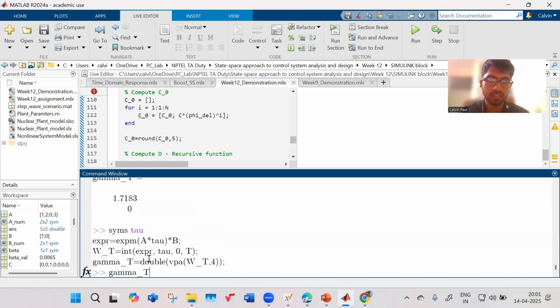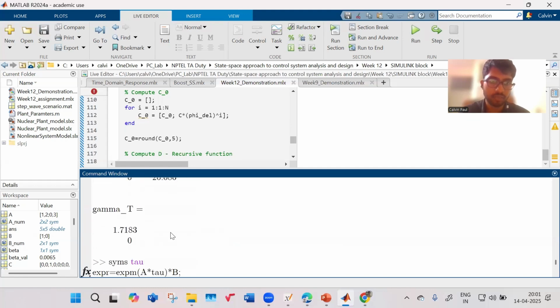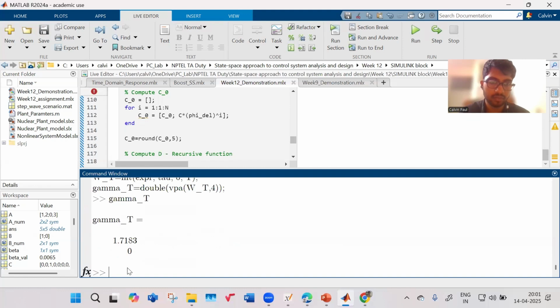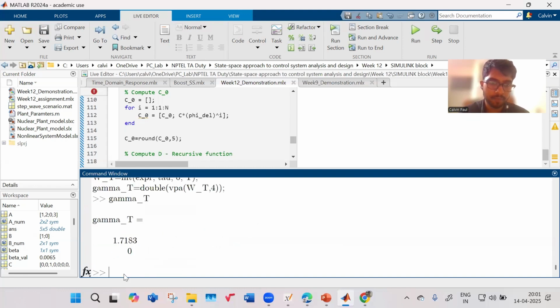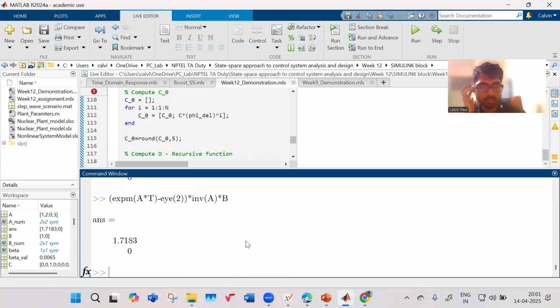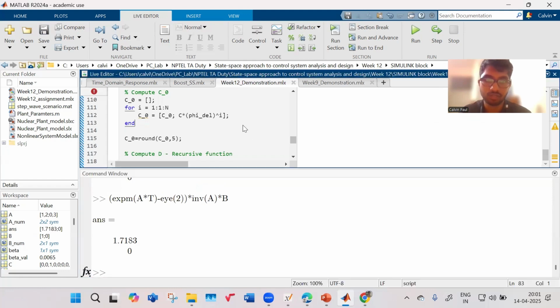Here gamma t comes out again to be like this. So this is the correct one. But let us do the expm of A T into inverse of A into B. This also is giving the same answer. This may be probably because in this case it is commutative, but in all cases it is not commutative. So we'll have to check the accurate formula for this.